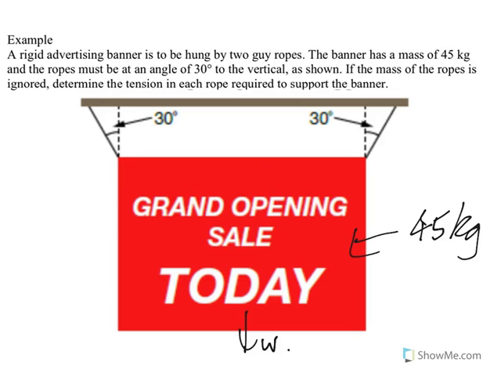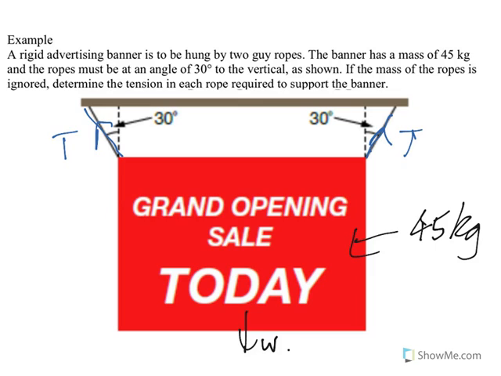Alright, so there's tension in these ropes, some tension there, some tension there, T. Now, given that these are both at 30 degrees, then the tension in the ropes would be the same. If the angles aren't, then it gets a bit more complicated. And if this advertising sign doesn't move, then the sum of the forces has got to equal zero.